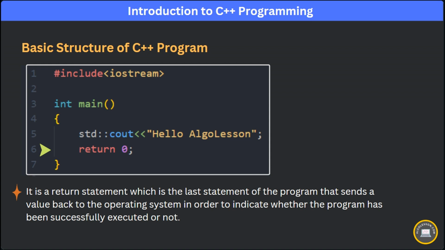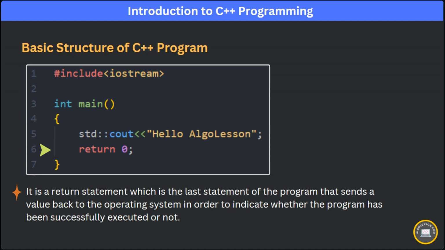Why are we returning 0? We can return any other value, because the function int main is of integer type, so we are returning an integer type value.